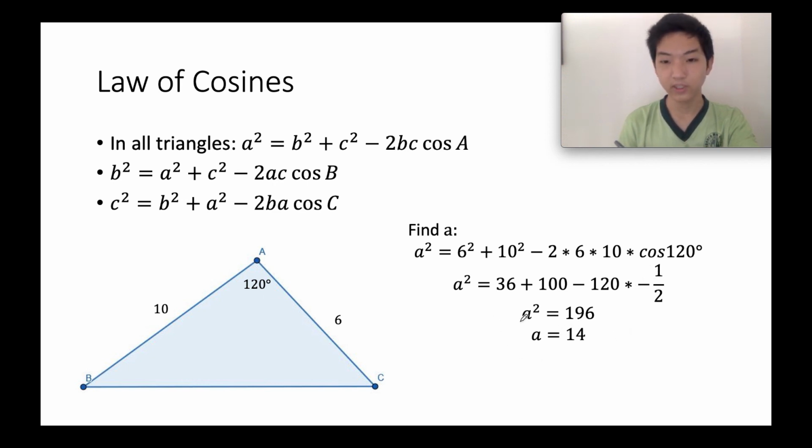So now we see that A squared is equal to 196 because this adds up to 136, and this becomes 60. And then we have A equals 14. So this is how to use the law of cosines to solve for sides and angles of triangles.